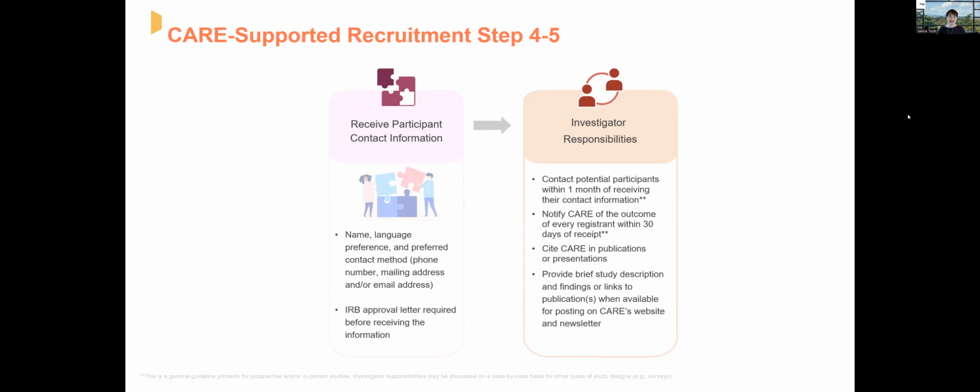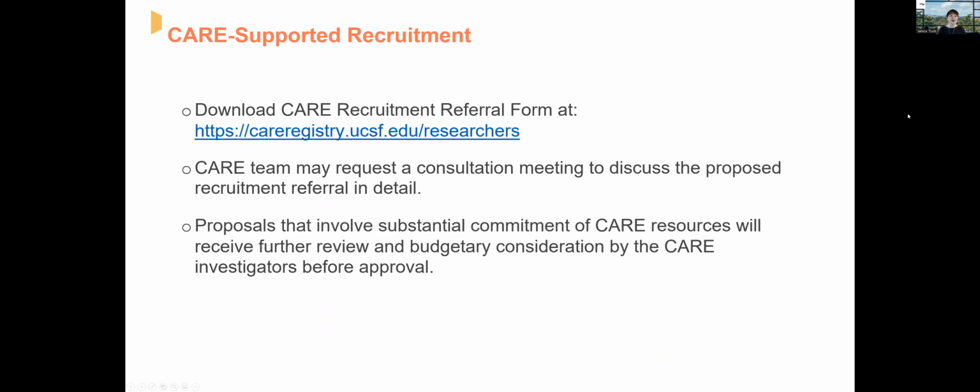Okay, next slide, please. So to summarize, the process in terms of using CARE-supported recruitment would first of all start off with downloading the CARE recruitment referral form as available at careregistry.ucsf.edu/researchers.